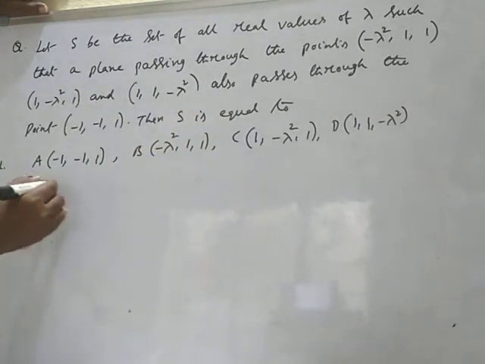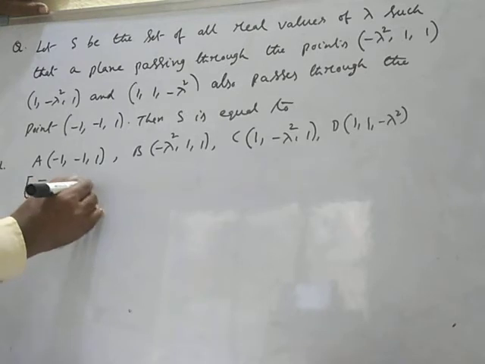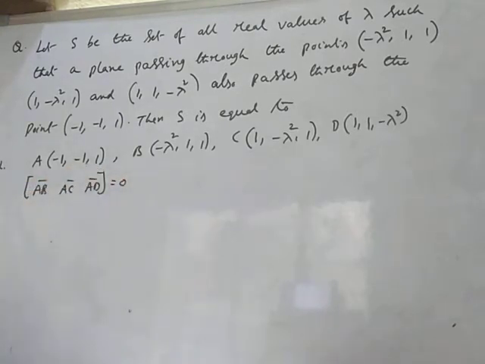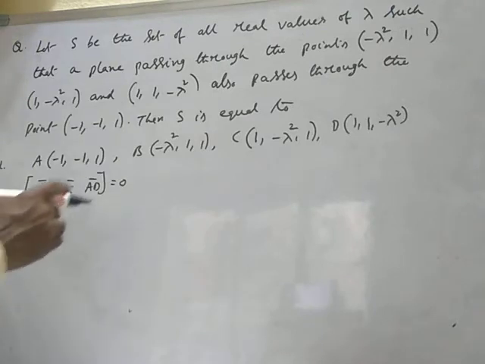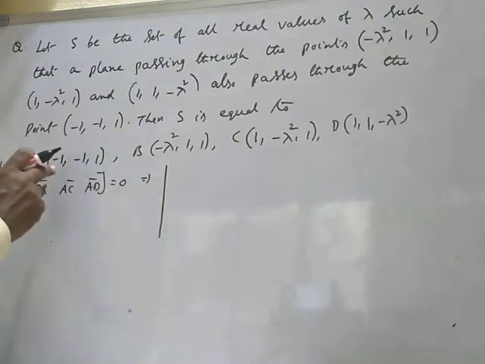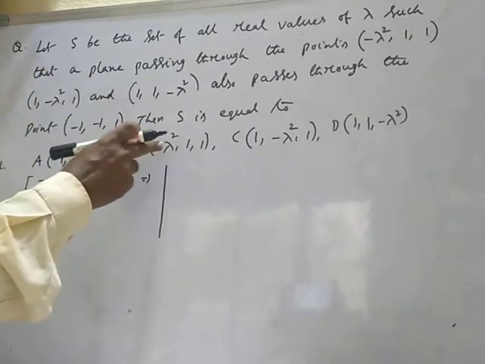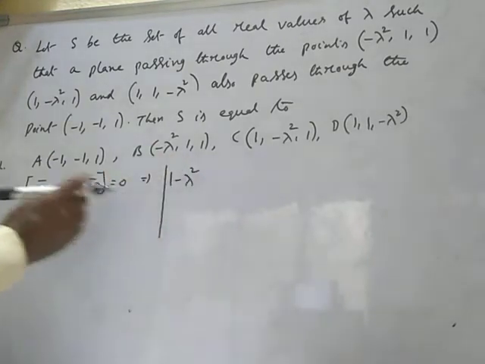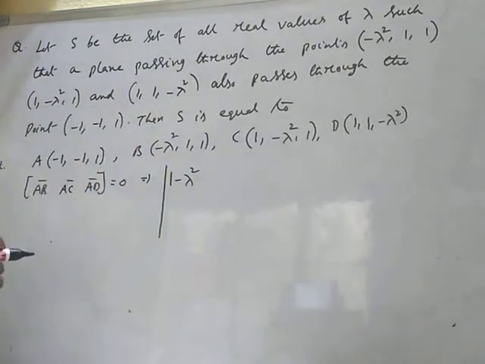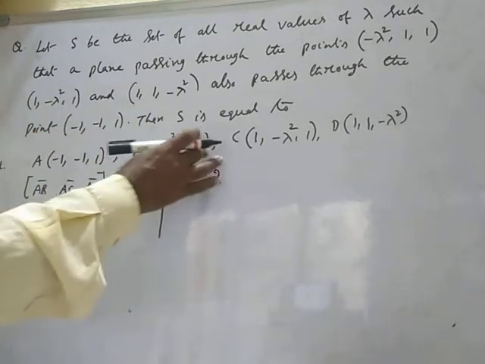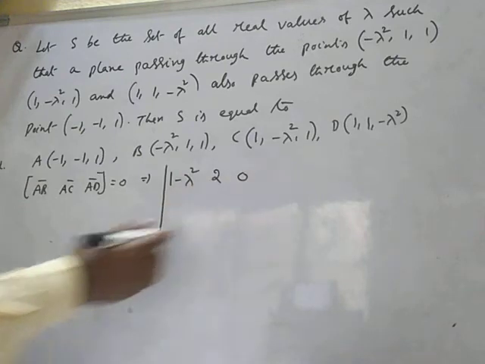So that implies the box product of AB bar, AC bar, AD bar is equal to 0. AB bar is (1 - lambda square, 2, 0).